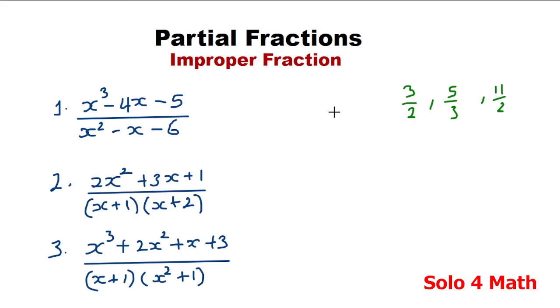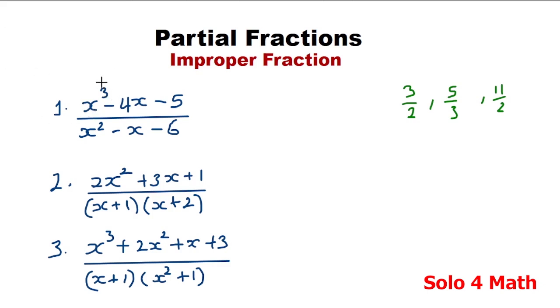Now, if we come to algebraic fractions like these ones here, a fraction is considered improper if the degree of the denominator is smaller than the degree of the numerator, or if the degree of the numerator equals the degree of the denominator. So there are 2 cases. Let's find out if these 2 cases are here.